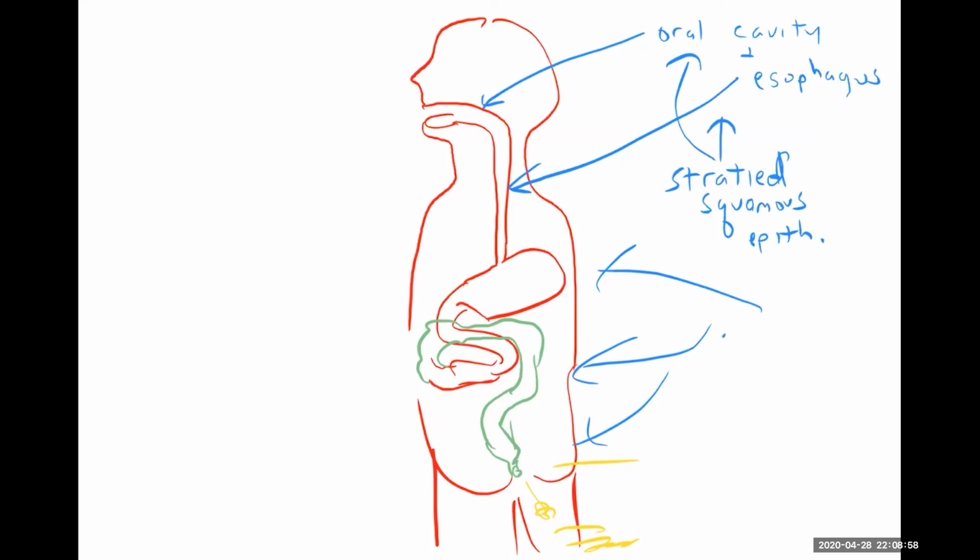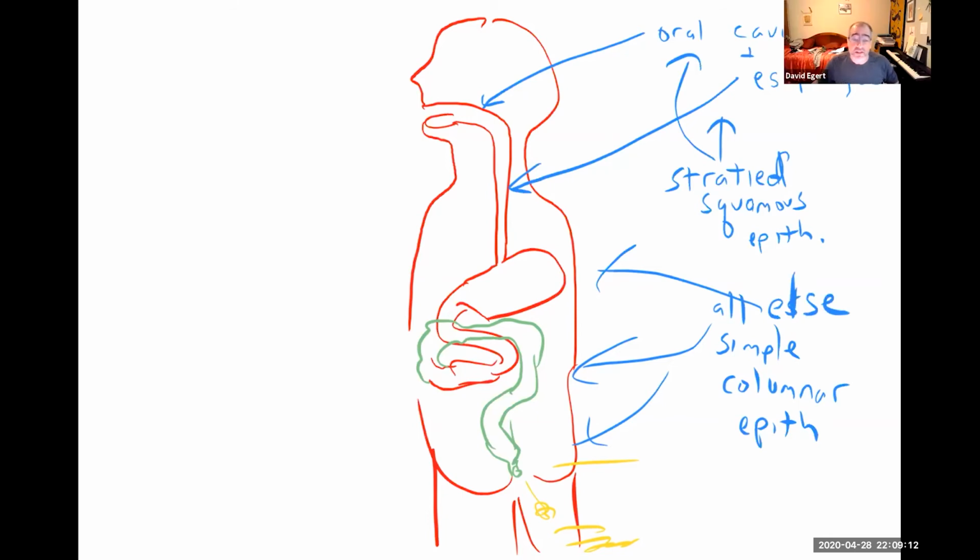Simple columnar. Exactly. So the stomach, the small intestine, the large intestine, they all have simple columnar epithelium lining the lumen.